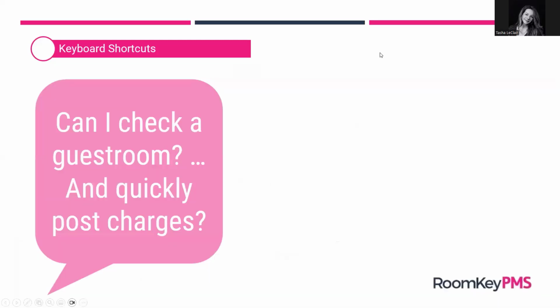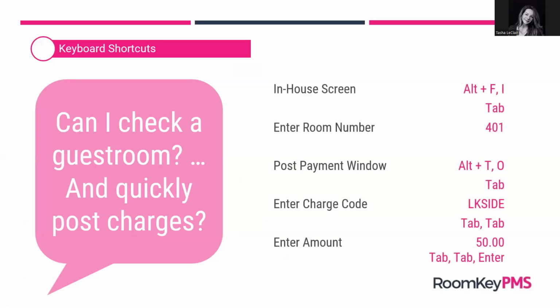So just a recap of how I did that with just my keyboard strikes instead of having to move my mouse around the screen. I was able to access the in-house screen using Alt Fi. When I click Tab, that now allows me to search for a specific room number. That should say 403, not 401. To post the payment or to post a charge, you would click Alt TO, and that gives you access to the post charges window.